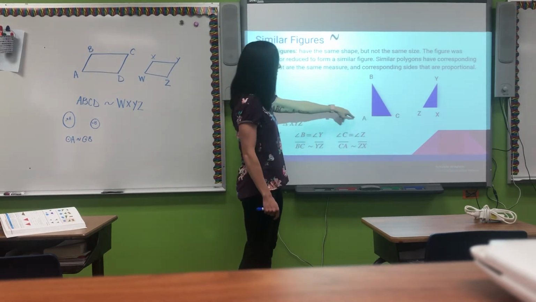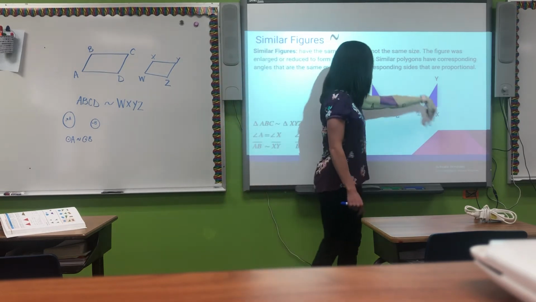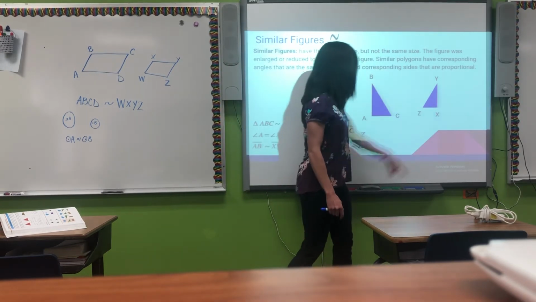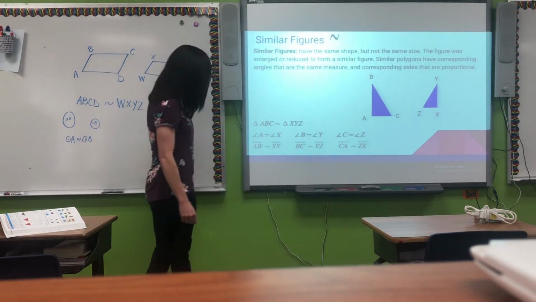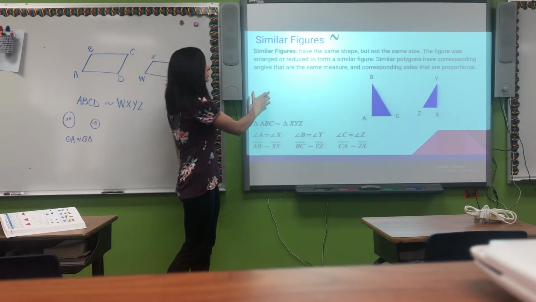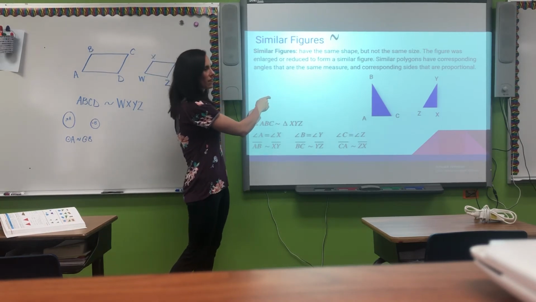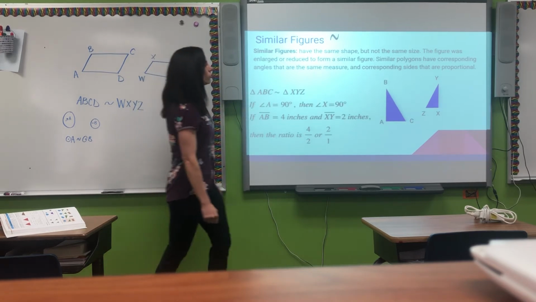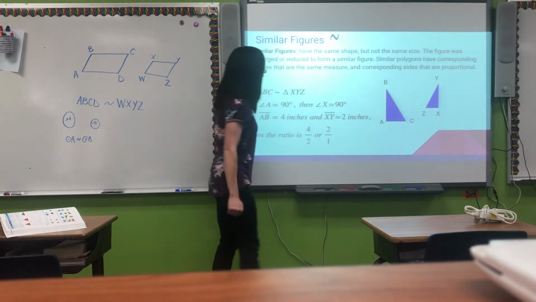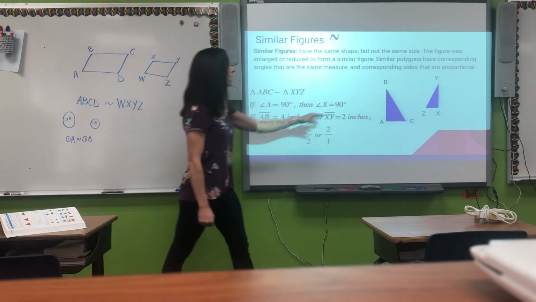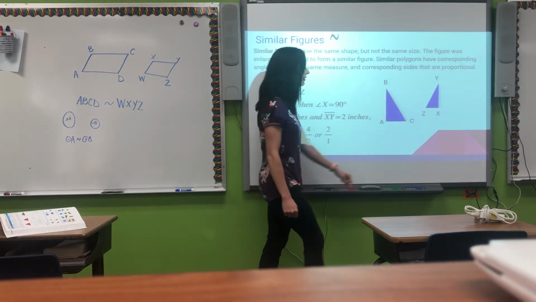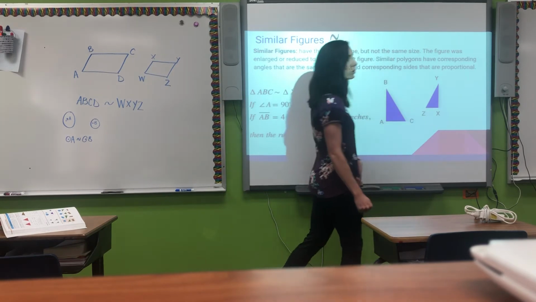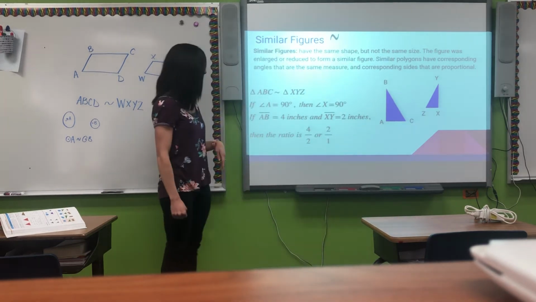And then CA is similar to ZX or XZ, either way. All right? I feel like there might be questions on that, so make sure you ask if you have them. Okay? So you don't need to draw this again, but you could just write this. So if angle A equals 90 degrees, then we know angle X also equals 90 degrees.